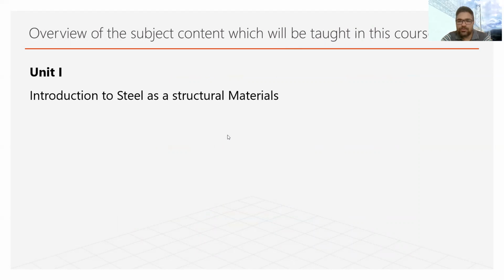We will get to know about the historical background of steel, status of steel in India as compared to the other countries. Then we will see briefly the process of iron and steel making, and then we will go a little deep and try to understand the microstructure of steel and effect of heat treatment on it. We will see the mechanical and chemical properties of steel also.